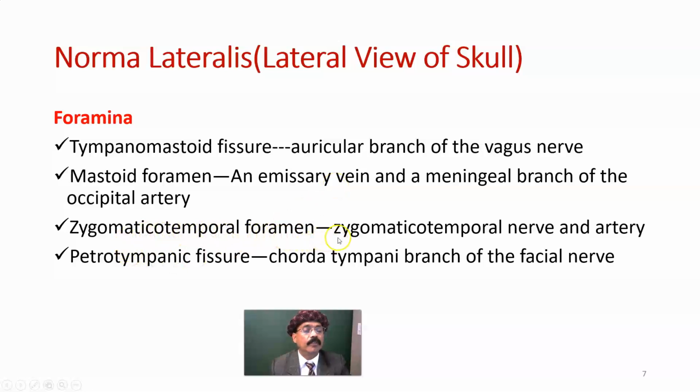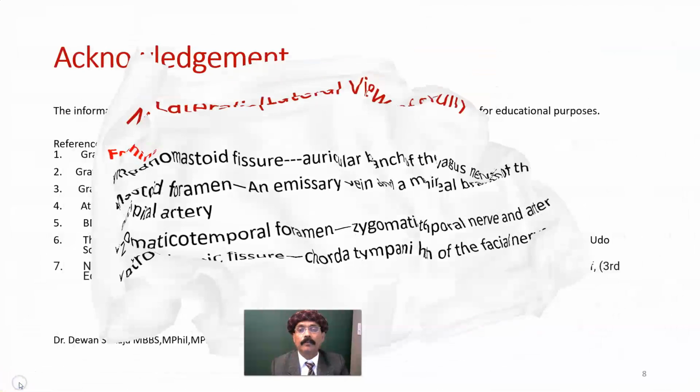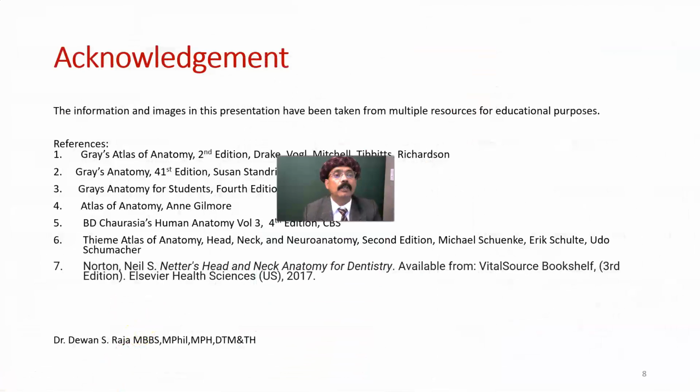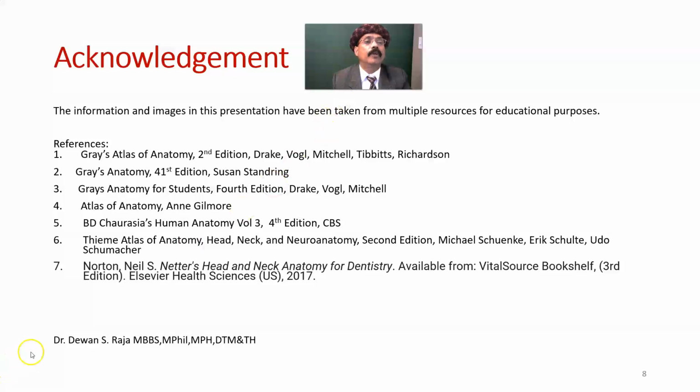Zygomaticotemporal foramen contains the zygomaticotemporal nerve, that is a branch of the maxillary nerve. Okay, the petrotympanic fissure transmits the chorda tympani branch of the facial nerve. Okay, we got the important foramina on the Norma Lateralis. And that's all about the osteology of the Norma Lateralis.